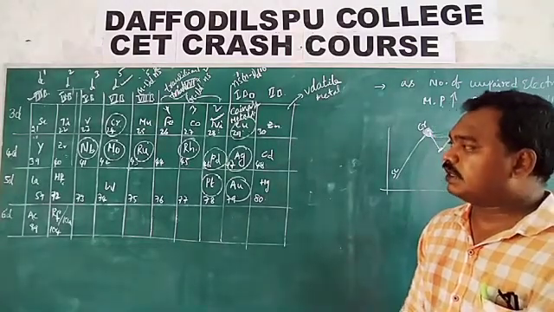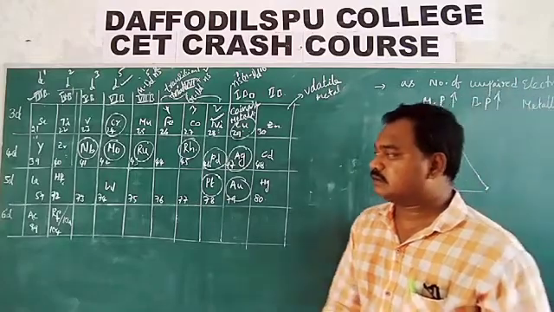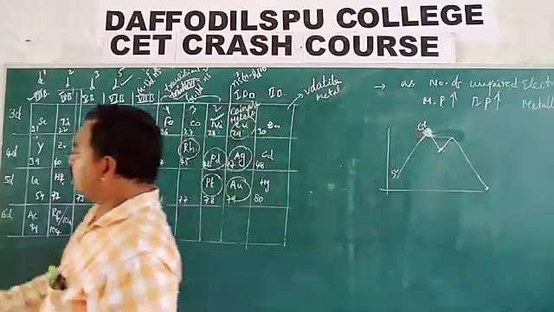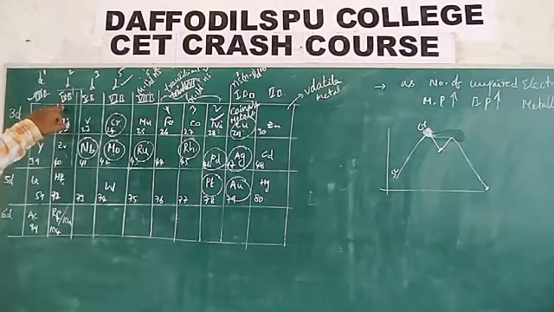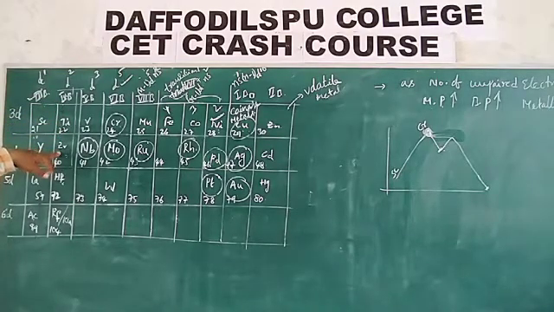So this is about the atomic size. Then what happens to the ionization potentials? In groups, in the third B group, atomic size increases. When atomic size increases, ionization potential decreases as usual. From the fourth period onwards, while moving from titanium to zirconium, atomic size increases, IP decreases.